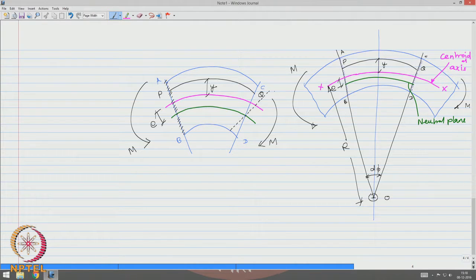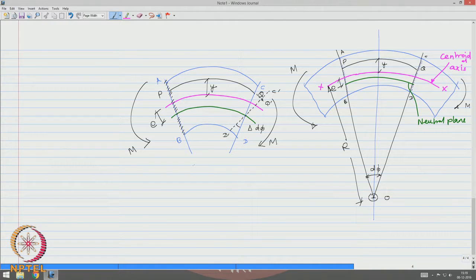So, it has become C dash and D dash, and that tilt is delta d phi. We call this point Q dash and D is moved to D dash.